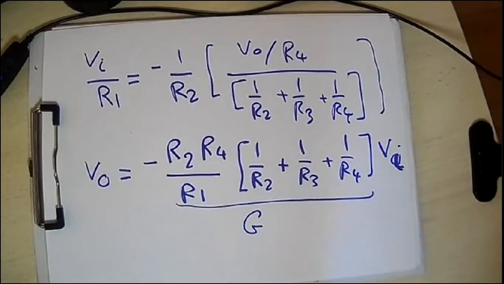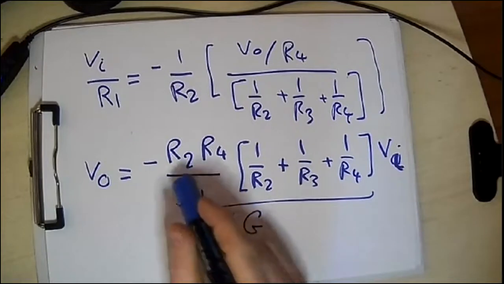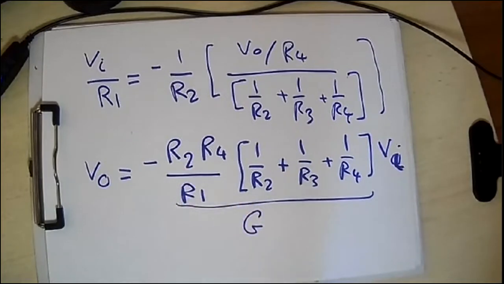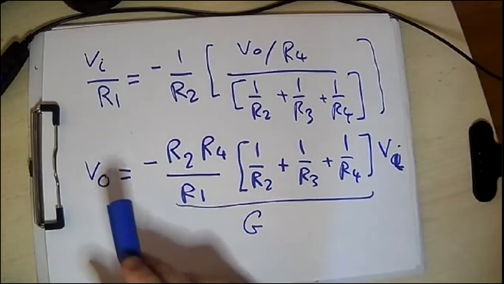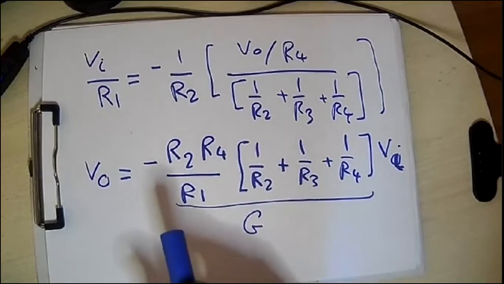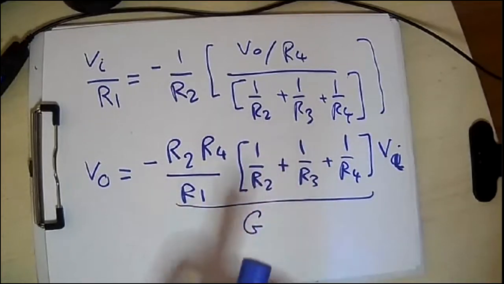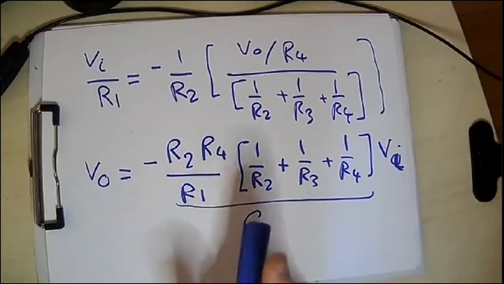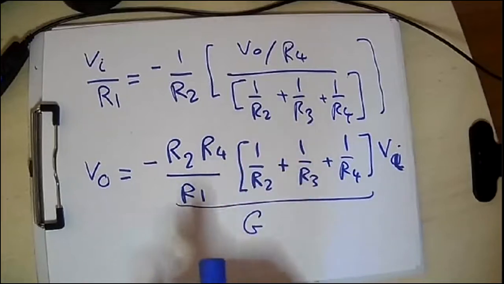The main advantage here is the contribution of the extra resistors. In the previous version, you are only controlling the gain using R2 and R1. Now you are controlling the gain using 4 parameters, R1, R2, R3, and R4. So generally, you increase your freedom to control the gain with respect to the first configuration, where you have only 2 resistors.